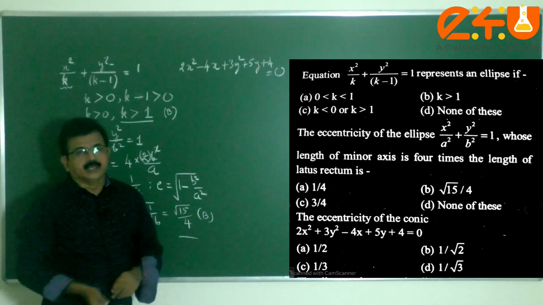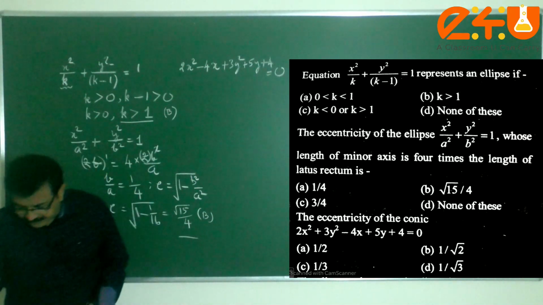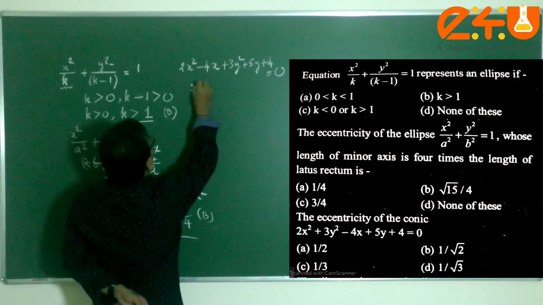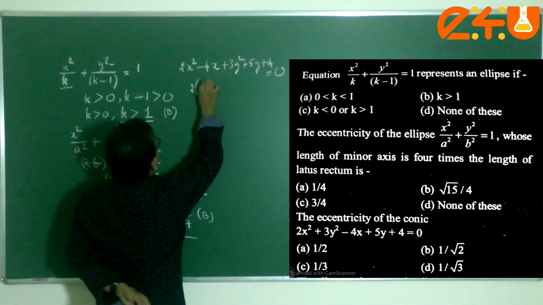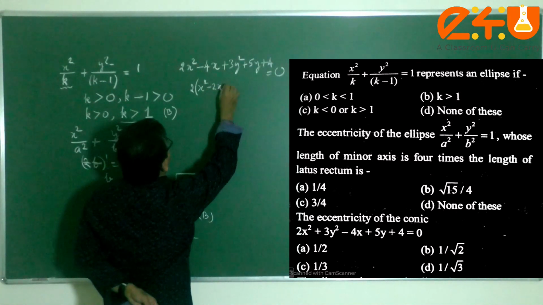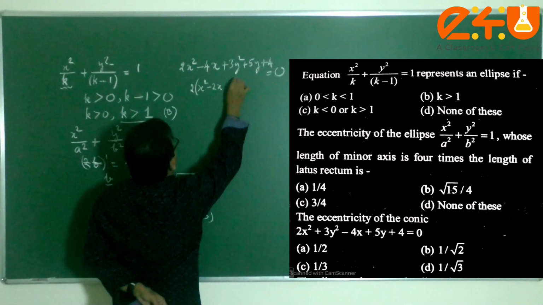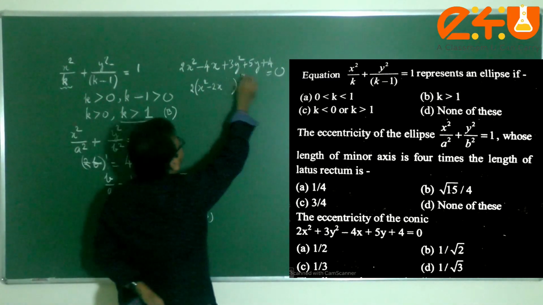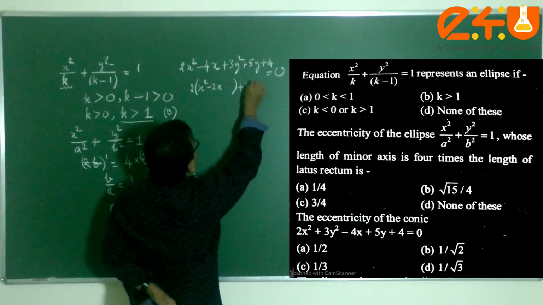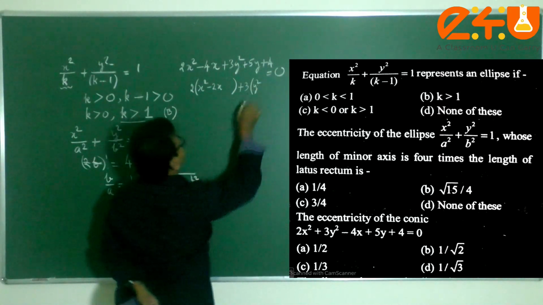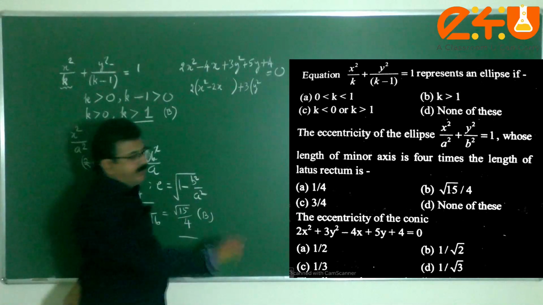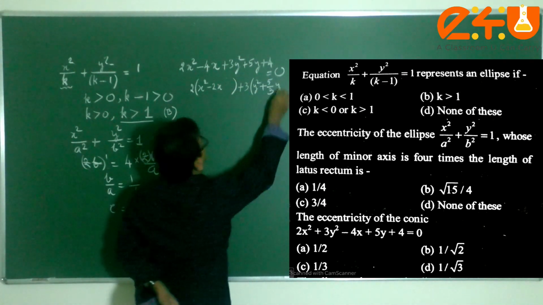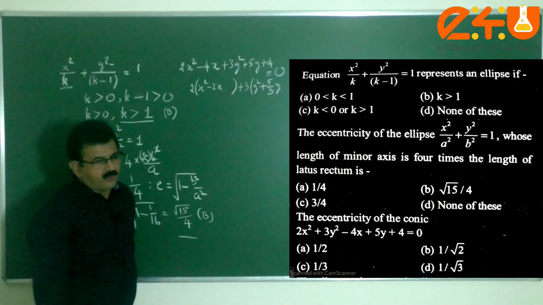So let us collect the x terms. When we collect the x terms together, I can take 2 as common factor: x square minus 2x, leaving a blank, completing the bracket. Then 3y squared, so 3 common, y square, and for y, I write 5 by 3 of y.